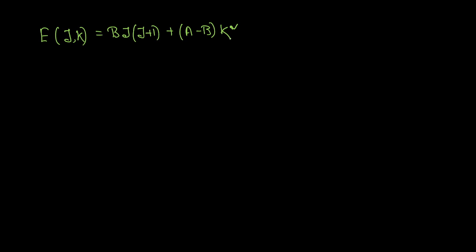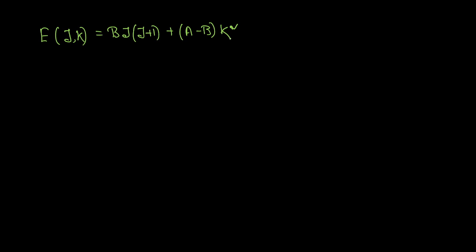Now you can think that for a spherical molecule, all the axes are the same, and therefore the J value is enough to determine the whole angular part. But in case of a symmetric molecule, two of the three moments of inertia are equal, but the third one is not.